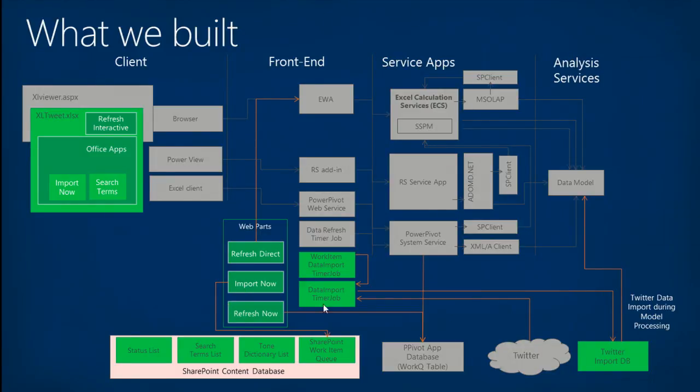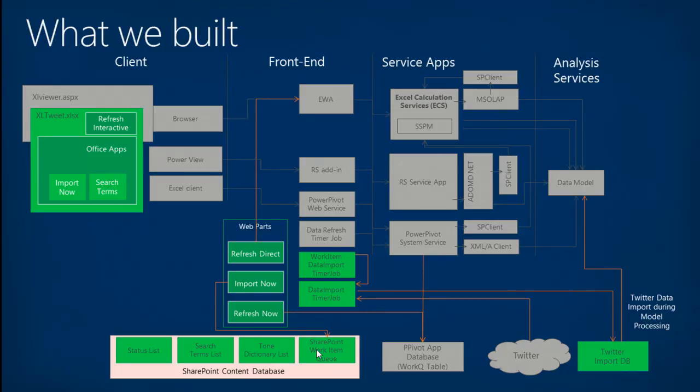But that web part is a little complicated because you cannot use a web part to instantiate a new timer job. That is a farm administrator's operation. So the way I solved that problem is I created another timer job that actually uses a SharePoint work queue. If you are SharePoint developers, you might know what I'm talking about. A SharePoint work item timer job is a special kind of timer job that works on work items that you put into that work queue.